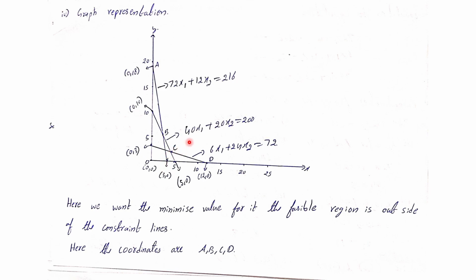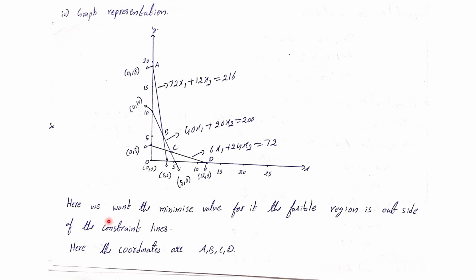For equation B, the coordinates are 0 comma 10 and 5 comma 0. And for equation C, the coordinates are 0 comma 3 and 12 comma 0. Now you have to combine the corresponding coordinate points of each equation.